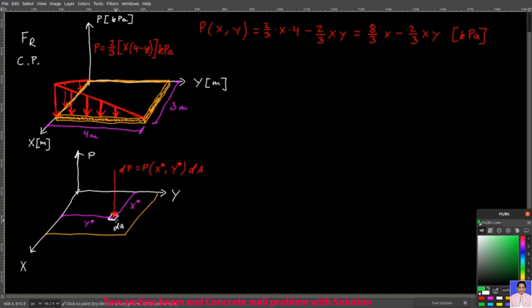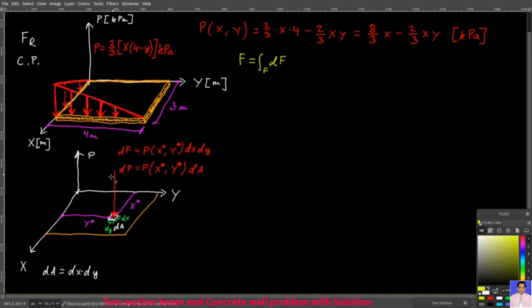However, this differential area, dA, consists of dx and dy, which means that dA equals dx times dy. Therefore, this differential force equals the pressure at the location where your dA is, and instead of dA, I will have dx times dy.